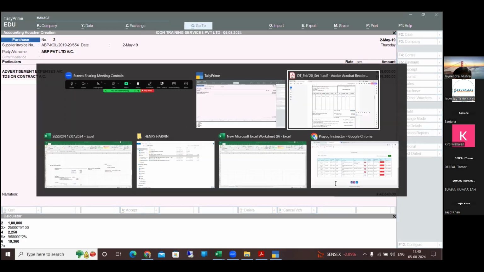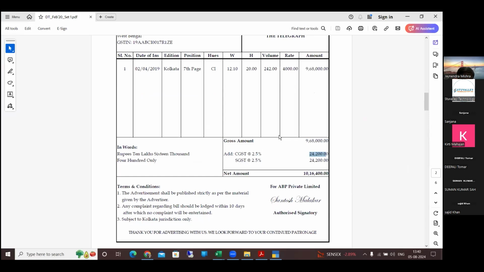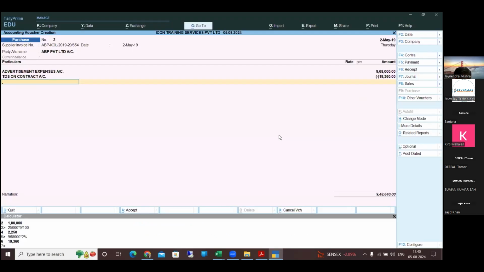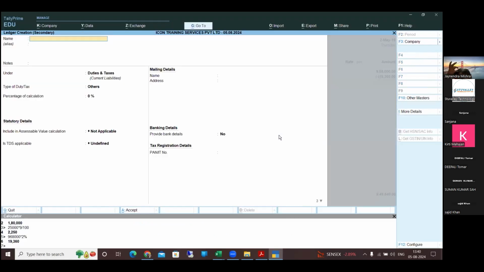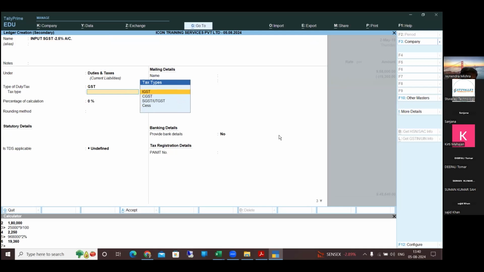We are also paying GST, friends. Create the ledger, since we are paying, so input. The GST rate was 2.5%. Duties and taxes only, friend. It is a GST, under GST. Rate is 2.5%.